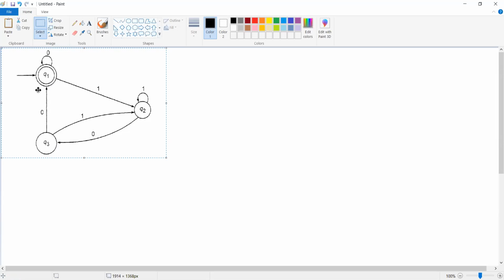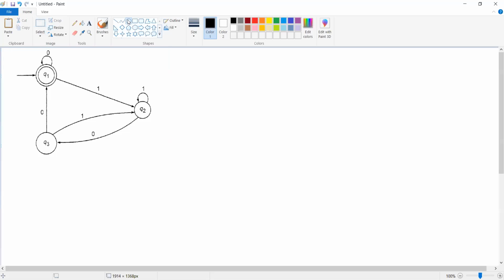But if you observe, the problem is that Q1 itself has become the initial state and Q1 itself has become the final state. First we'll solve the problem of the initial state, then we go for solving the problem of the final state.